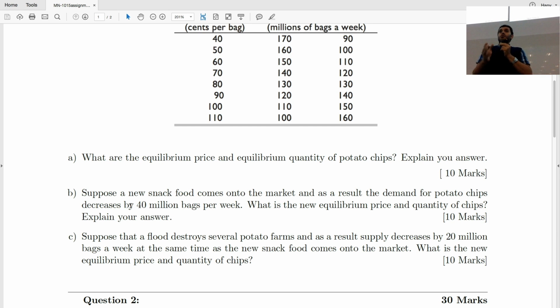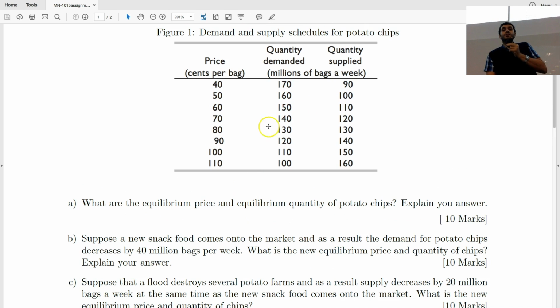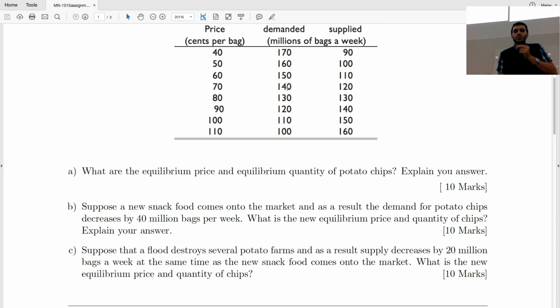Looking at the quantities here, the quantity demanded at each price, it's very straightforward to tell the new quantity demanded. The same thing with the next question. I don't think this question has any problem. If you understand how to draw the demand curve and supply curve and what we mean by equilibrium, then when the demand changes, it's very easy to find the new equilibrium point, because again it will be the intersection point between the demand curve and the supply curve.